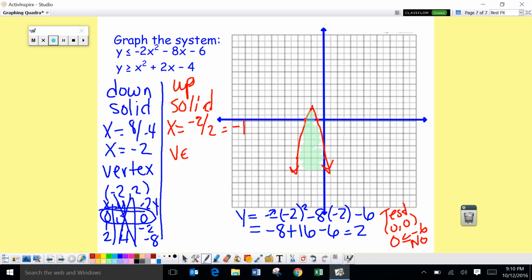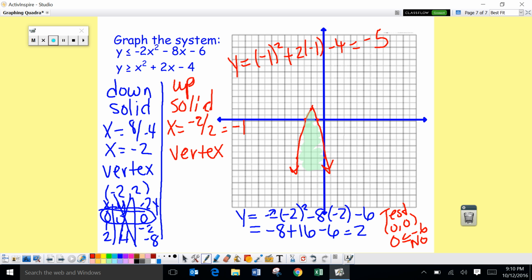We're going to find our vertex by plugging in the negative 1 for the x value. So we have y is equal to negative 1 squared plus 2 times negative 1 minus 4. Negative 1 squared is 1. 2 times negative 1 is negative 2. 1 and negative 2 is negative 1.